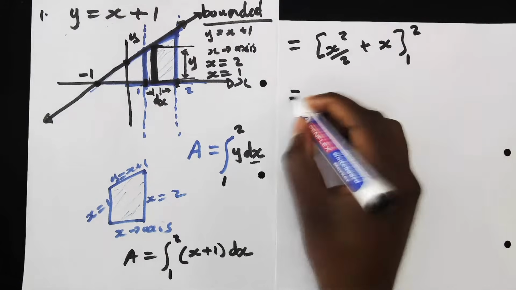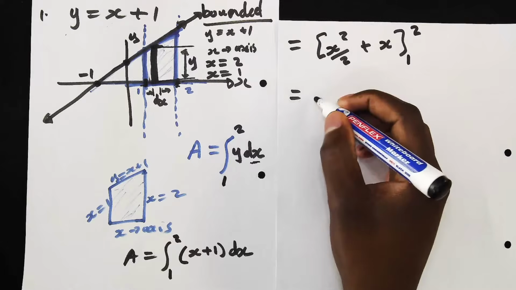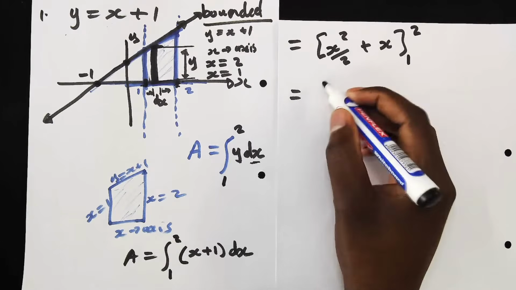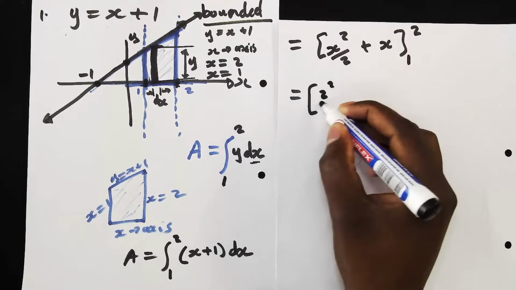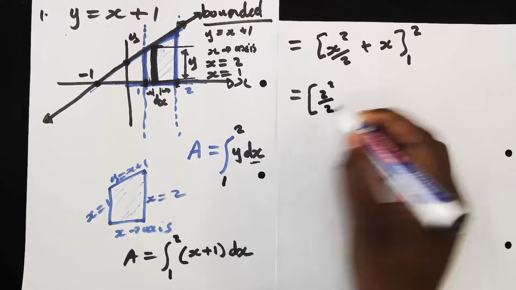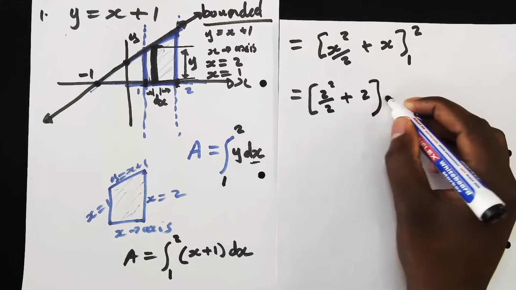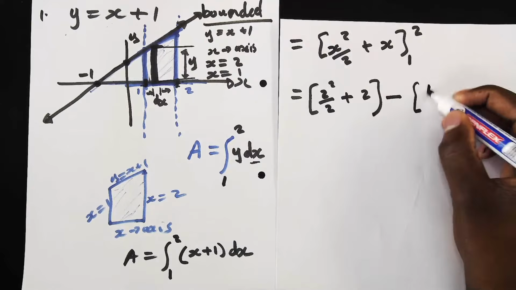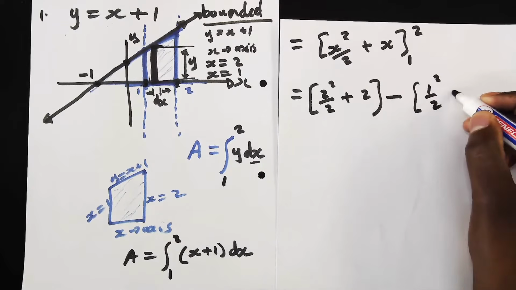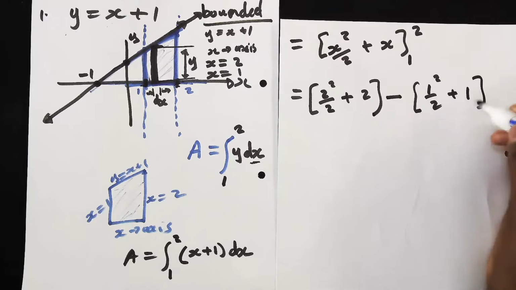Then we substitute the upper limit and subtract the lower limit. So we'll have 2 to the power of 2 all divided by 2 plus 2, minus the lower limit, which will be 1 to the power of 2 divided by 2 plus 1.